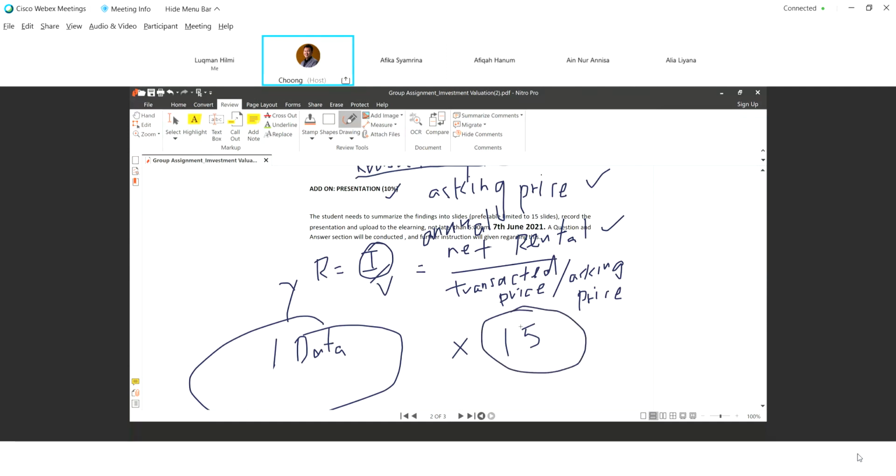After you get the 15 data, let's say the first one you get 3%, then another 4%, then 3%, then 5% again. The average, the mean, would be your yield for this property.